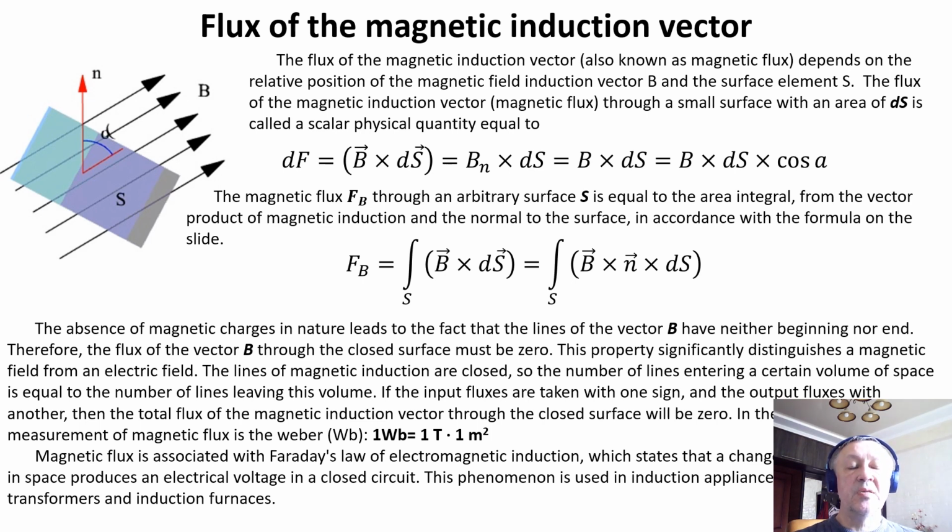Magnetic flux is associated with Faraday's law of electromagnetic induction, which states that a change in the magnetic field in space produces an electromotive force in a closed circuit. This phenomenon is used in induction appliances such as generators, transformers, and induction furnaces.